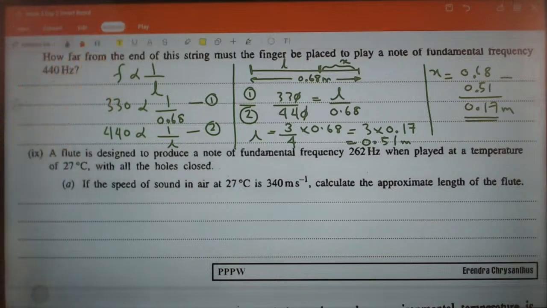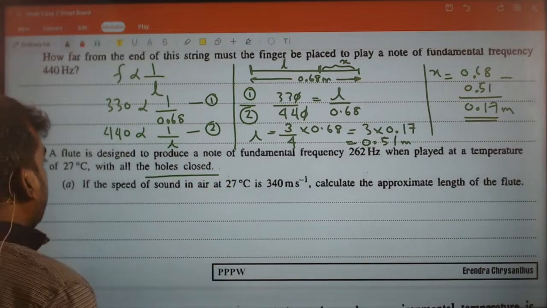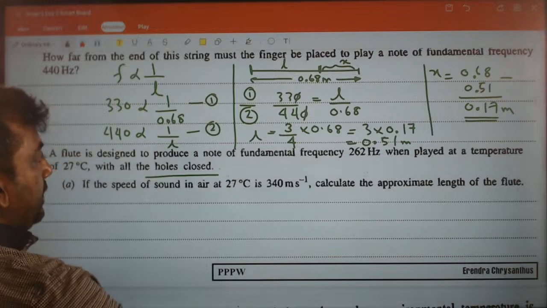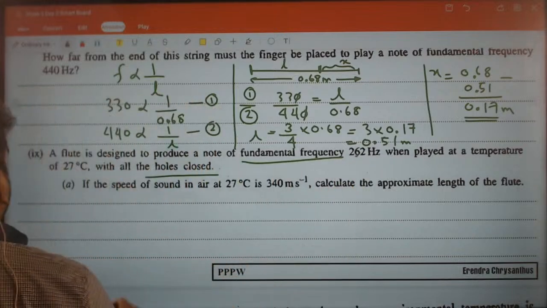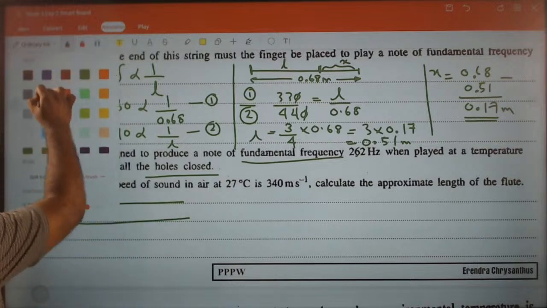A flute is designed to produce a note of fundamental frequency 262 Hz when played at a temperature of 27 with all holes closed. If the speed of sound in air is 340, calculate the approximate length. So fundamental frequency, here you go.